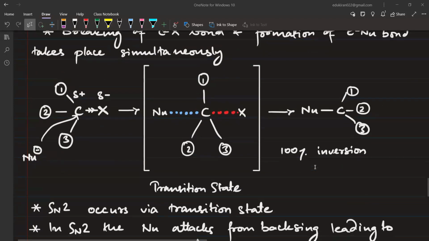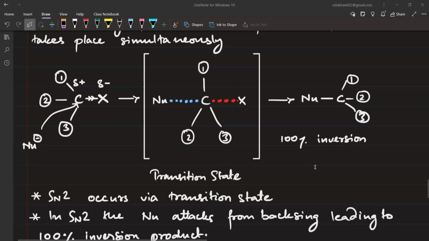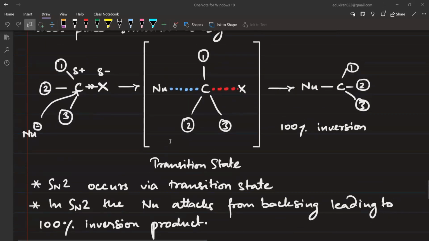Okay, this mechanism. Got it? Done. Yes, done sir.